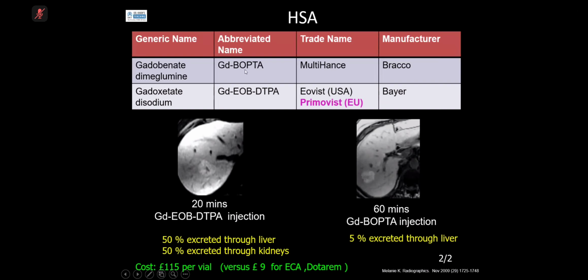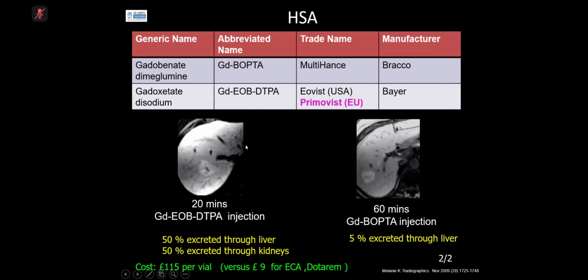Now, there are two in the world. The one which is produced by Bracco, this is the generic name, is known as MultiHance. We don't use it in the UK. We use this one, and we call it Primovist. In USA, it is known as Eovist, Bayer.